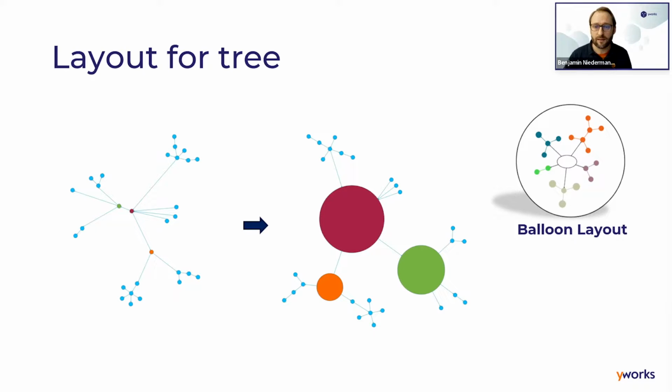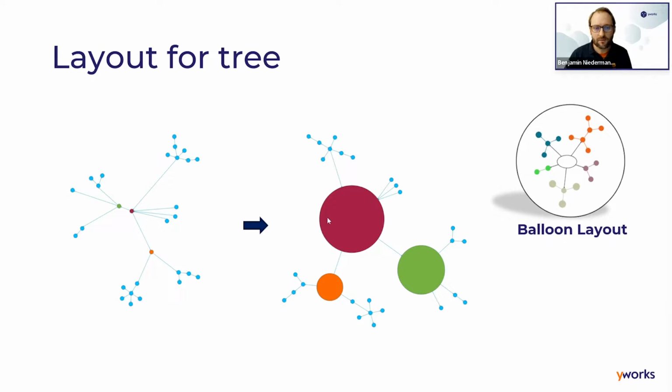And it does it in the following manner, namely that it places the root, for example, at the center, and then it places the children of this root node around the center and so on. And this gives you also a circular perspective on your tree data. In case that there are some non-tree edges, which of course could happen, it will reduce first the graph to a tree, and then it will lay out this tree, and then will add the non-tree edges back to the layout.